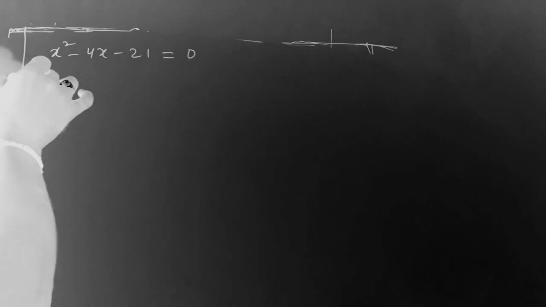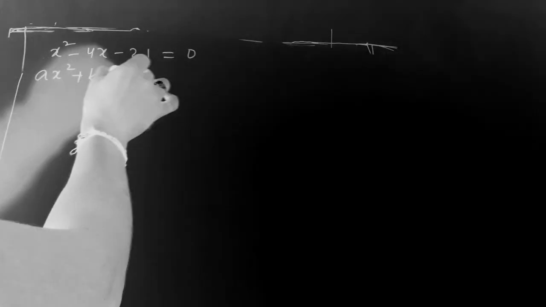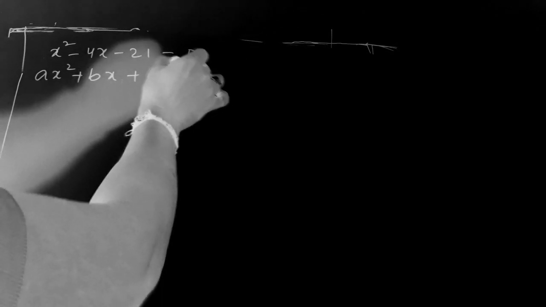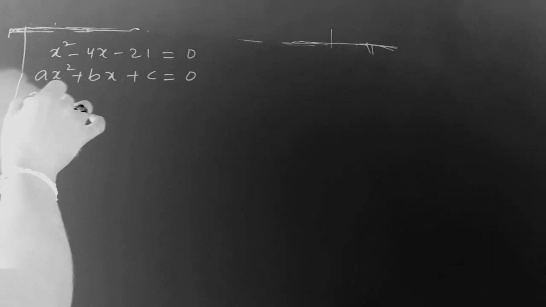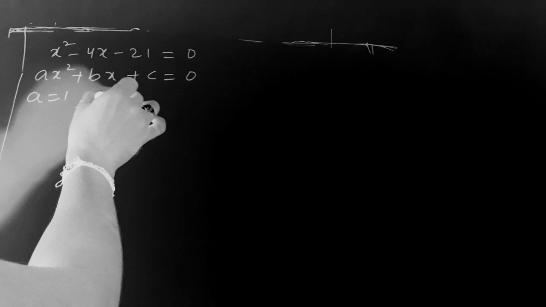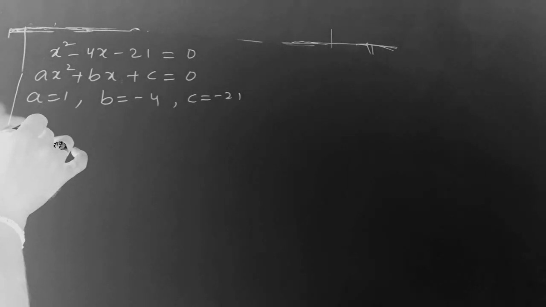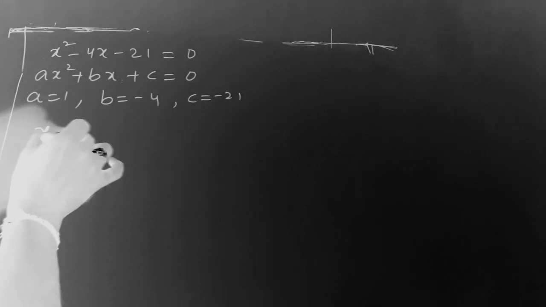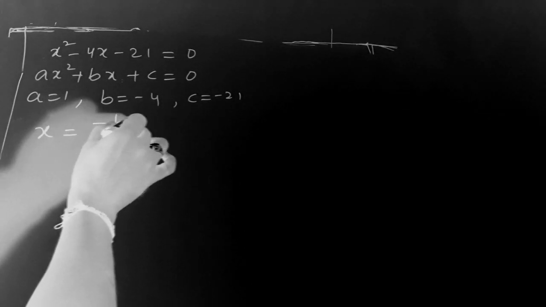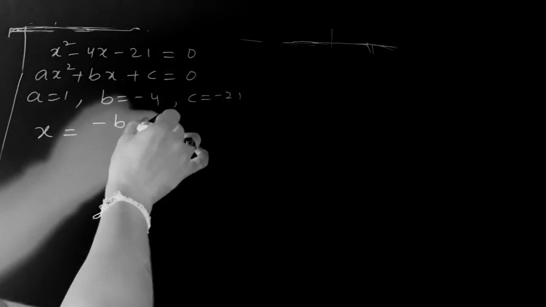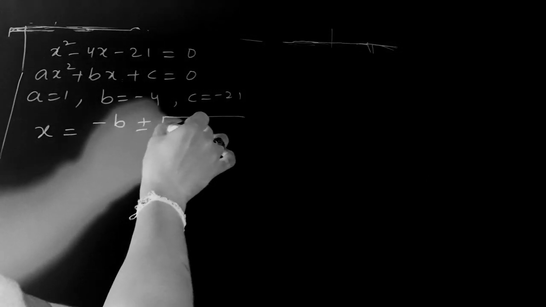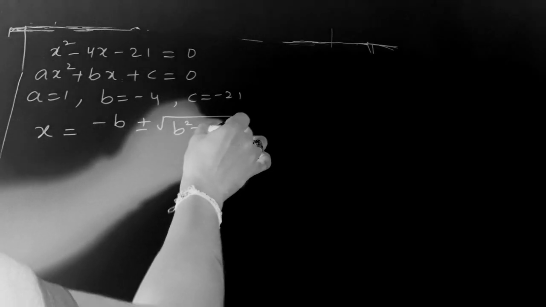So it is in standard form, ax square plus bx plus c is equal to 0. Here a value is nothing but 1, b value is minus 4, c value is minus 21. So what is the formula? The quadratic formula is x is equal to minus b plus or minus under root b square minus 4ac, by 2a.